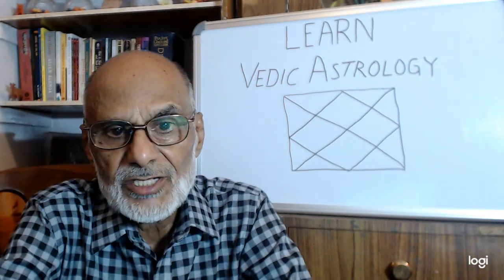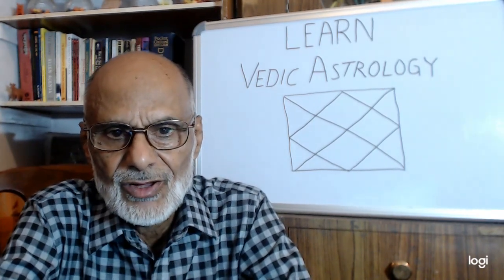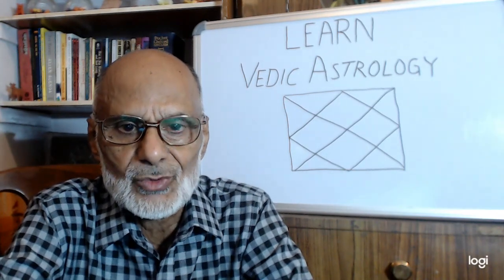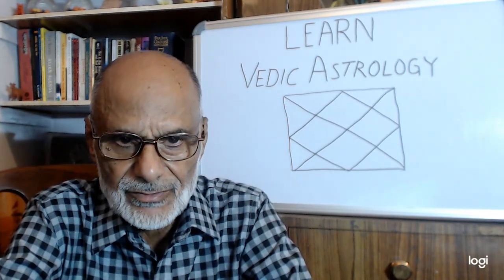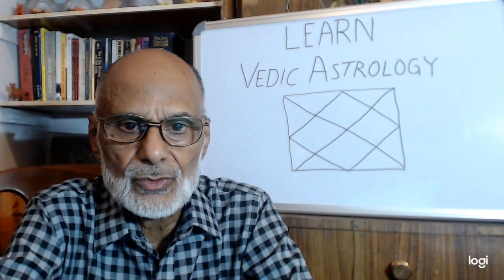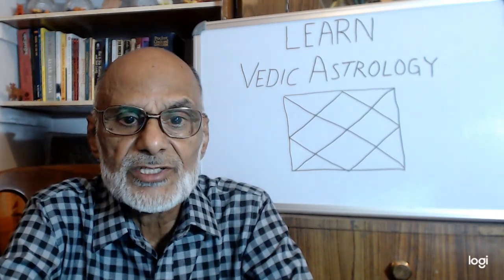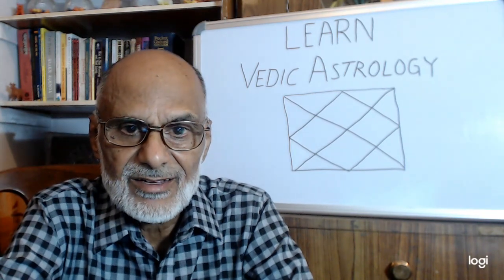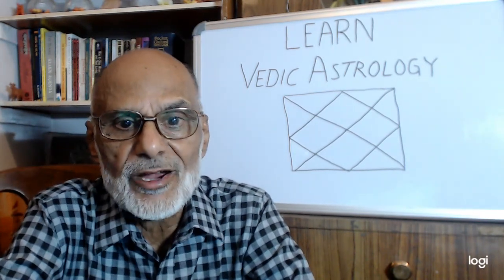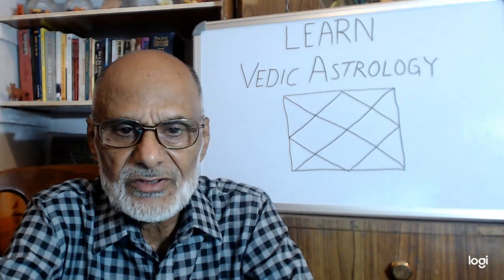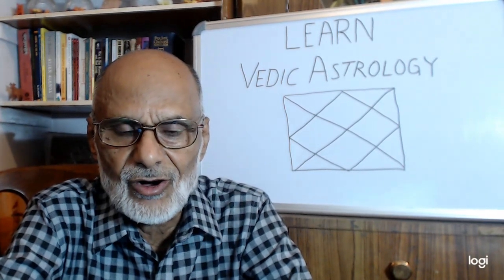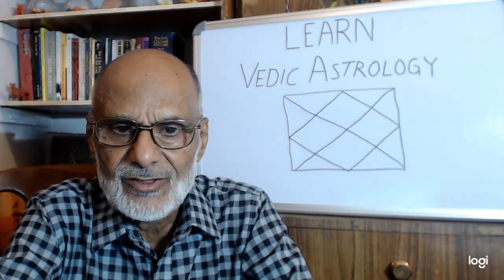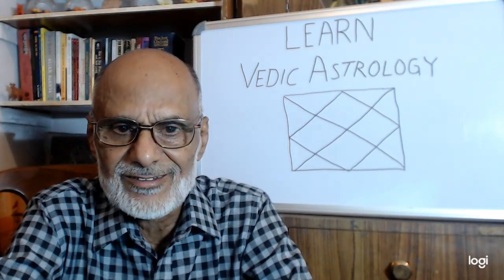But in addition to these 7, our Vedic astrology also considers Rahu and Ketu as planets. Rahu and Ketu do not exist physically in space, but these are strategic mathematical points of intersection of the orbit of Earth around the Sun and the orbit of Moon around the Earth.